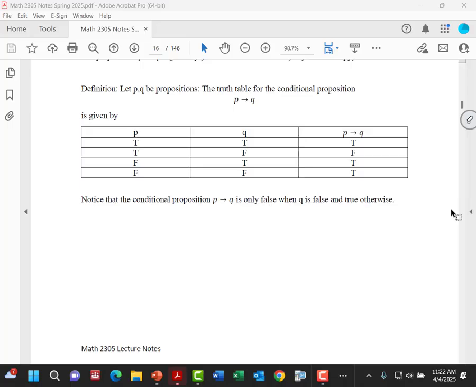So this is the truth table for the conditional, remember this is read if P, then Q. If I look at this truth table, I notice that the conditional proposition if P then Q is only false when Q is false, and it is true otherwise. So the statement is false only when Q is false, and it is true in each of these other three instances.